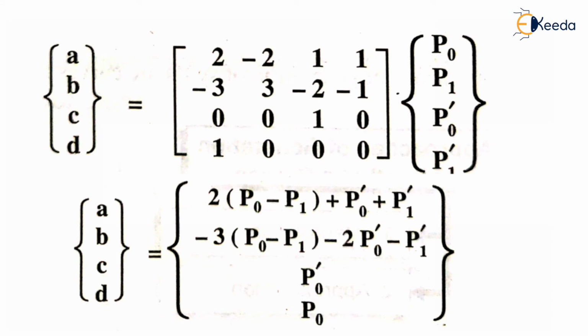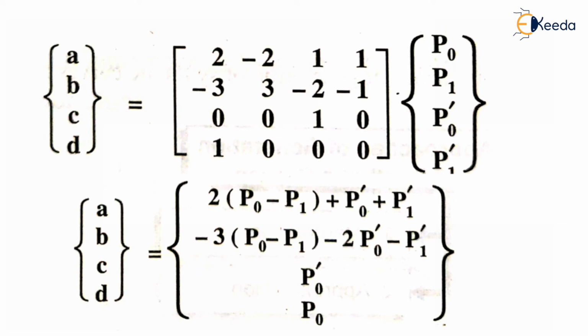The inverse of that 4 by 4 matrix is [2 -2 1 1; -3 3 -2 -1; 0 0 1 0; 1 0 0 0].